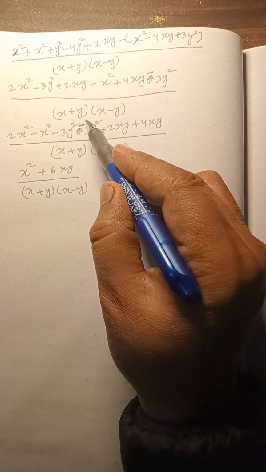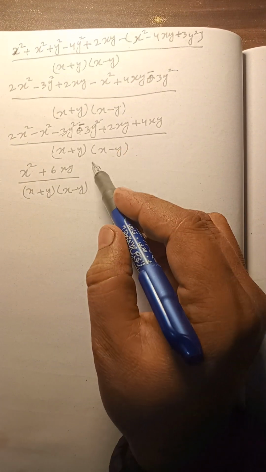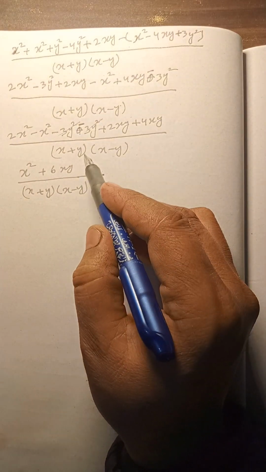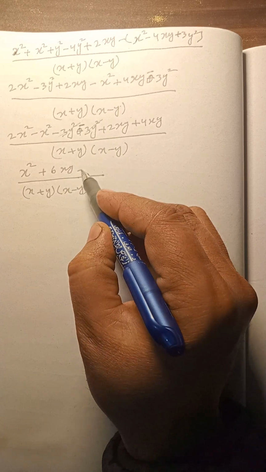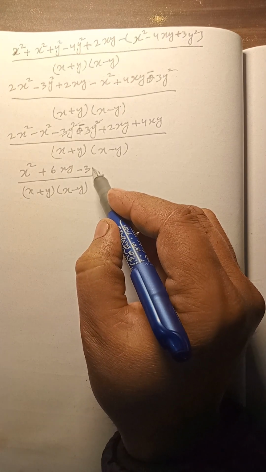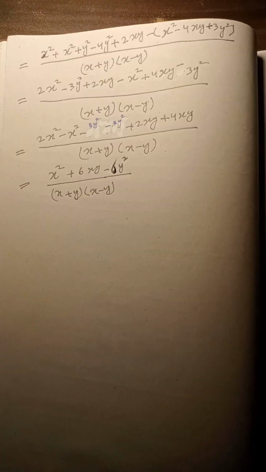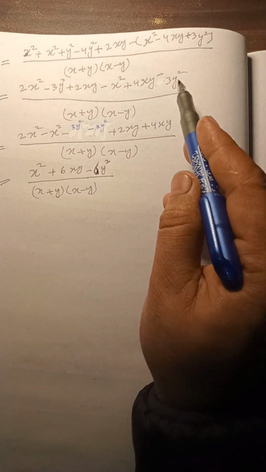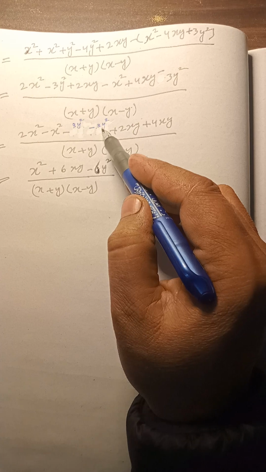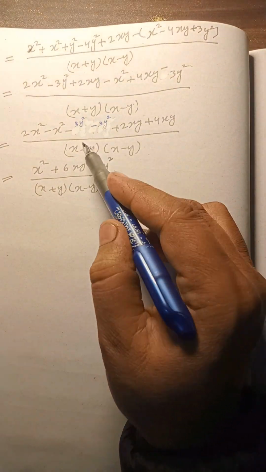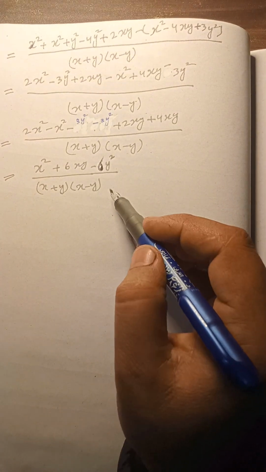If we write here minus then these will not be cancelled out, and our answer will be minus 3y square plus and minus 3y square will make minus 3y square. This minus 3y square will be here, minus 3y square and minus 3y square have the same sign, so we will add these, and minus 6y square will be here, so it is our answer.